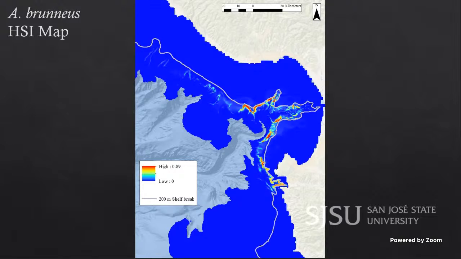For Abranius, there was a higher likelihood of finding oviposition sites on the shelf break and upper slope regions of both Monterey and Carmel Canyon, as well as near Carmel and Soquel Canyon heads. There was a moderate likelihood of finding Abranius egg cases along the shelf break of the Cabrillo Canyon, and a low likelihood of finding them along the continental shelves, as well as deeper regions within the canyons.